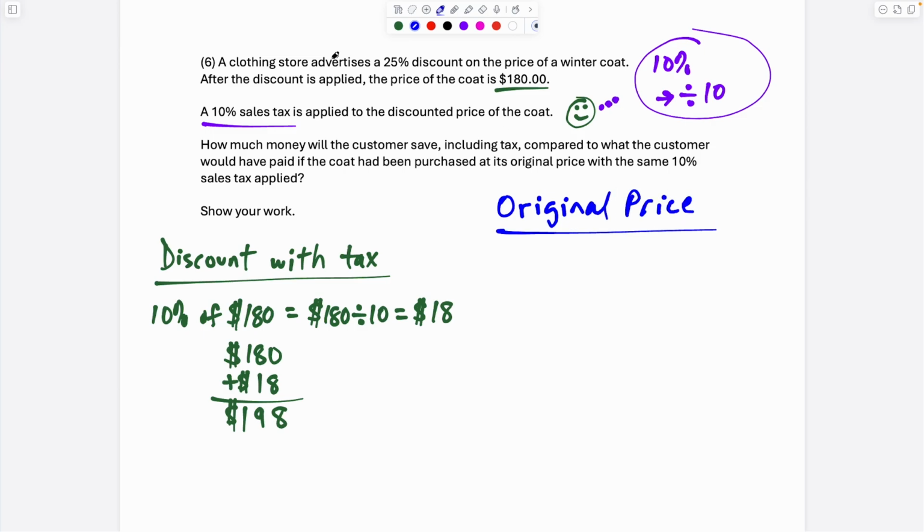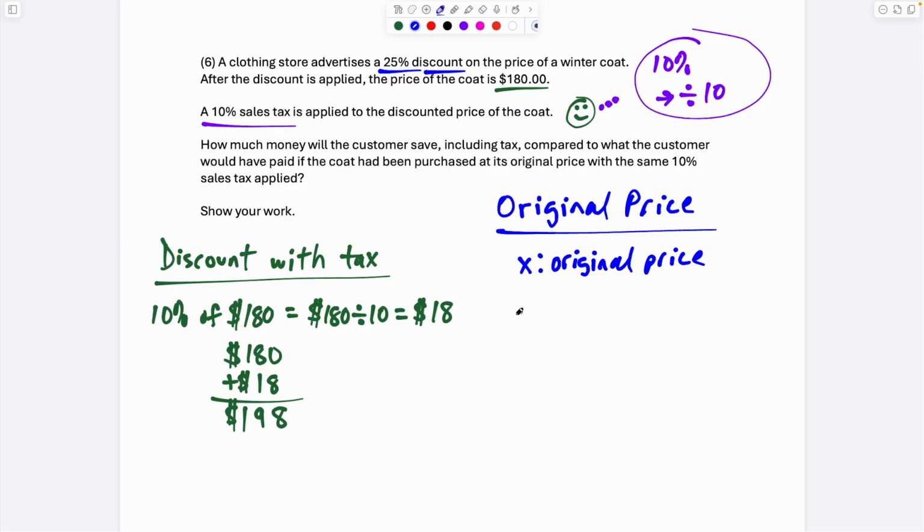We were told that the clothing store is advertising a 25% discount on the price of a winter coat, and after the discount is applied, the price of the coat is $180. So let X equal the original price of the coat, and we're taking 25% off.